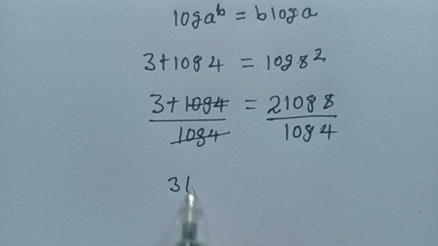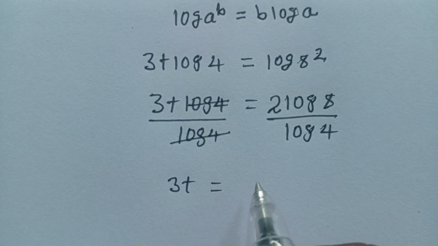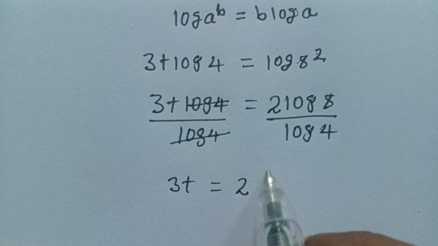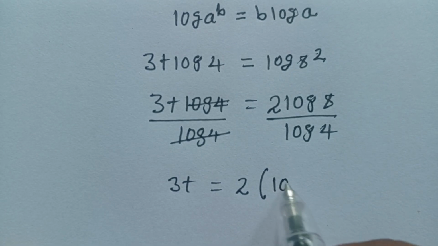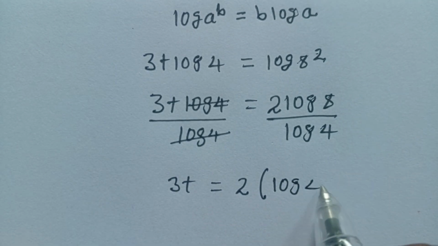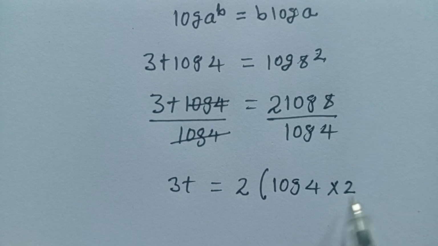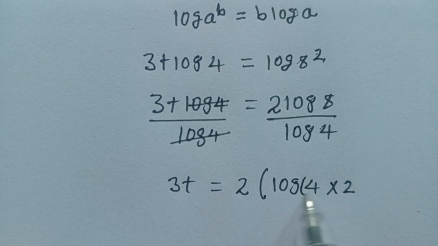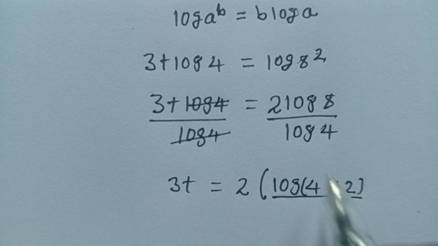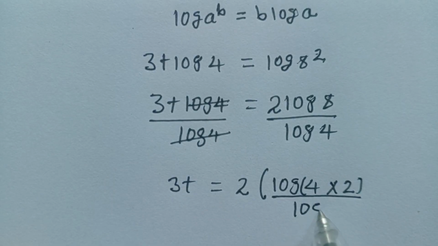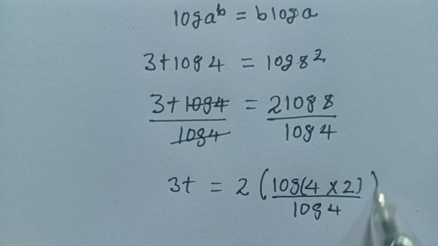So 3t equals 2 into log 4 times 2 over log 4.